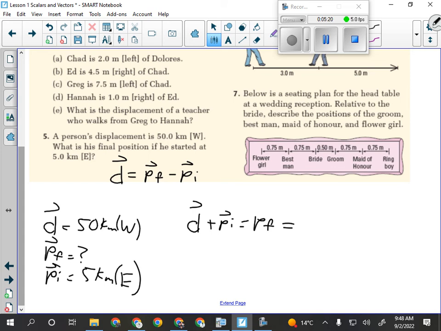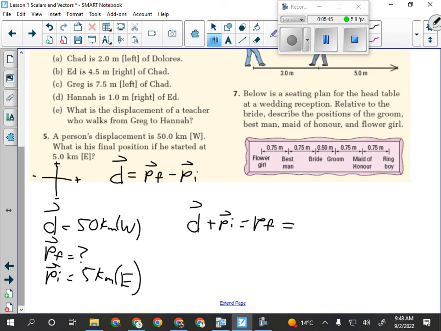What do I need to keep in mind when I start putting numbers in here? Direction. West is usually negative, east is usually positive, but whatever you assign to it is fine. I'm just telling you that most of the time we treat a compass like we treat an XY plot. This is positive, this is positive, this is negative, that's negative, it just goes that way.